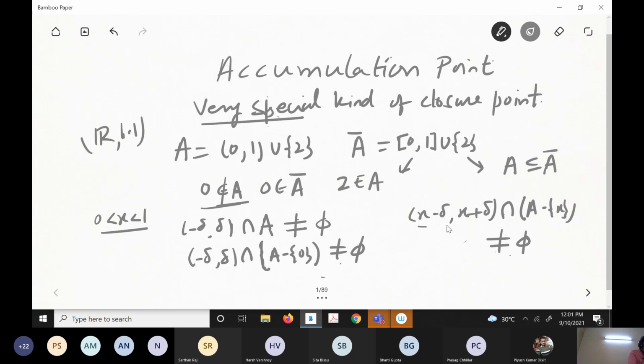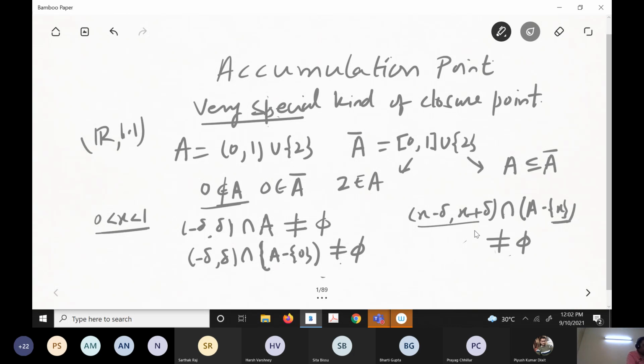For 1 also, similar to 0, any neighborhood will intersect A in points other than x. That means it will contain a point of A different from x.